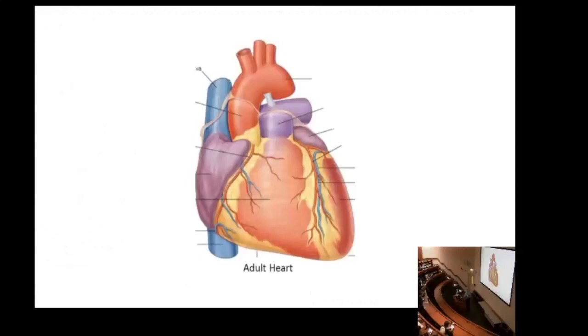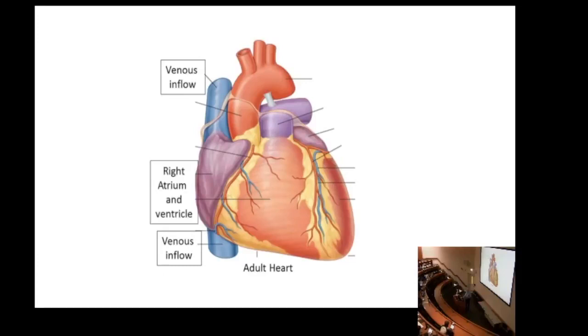Well, this is what we want to end up with. A nice heart like this, a nice heart that has a venous inflow from the inferior and superior vena cava, that goes right into the right atrium and is pumped immediately into the right ventricle and off to the lungs for the pulmonary outflow for the exchange of oxygen and CO2, and other things happen in the lungs as well.